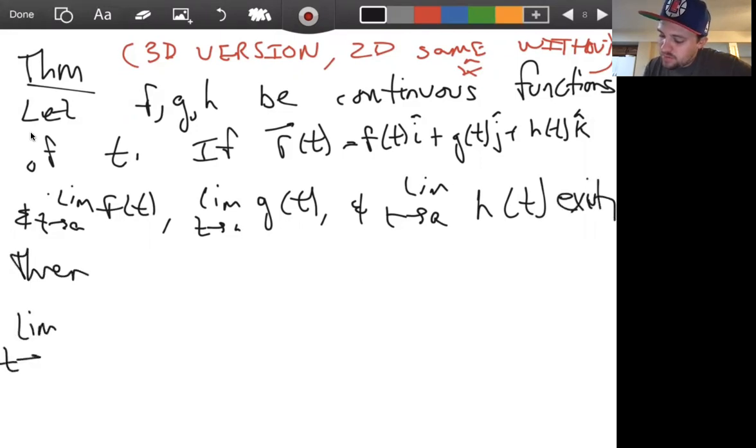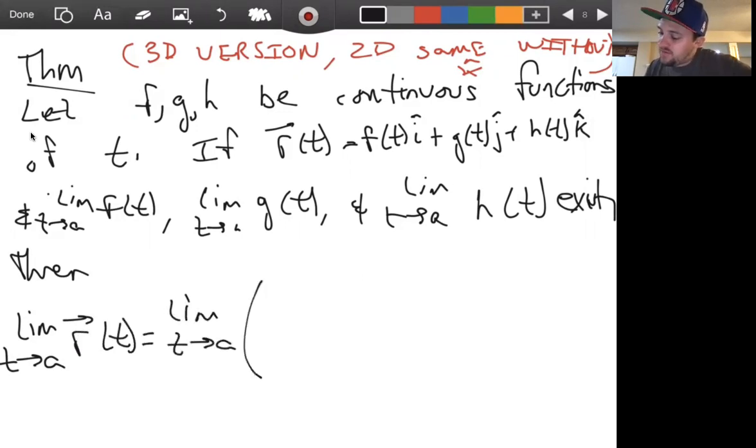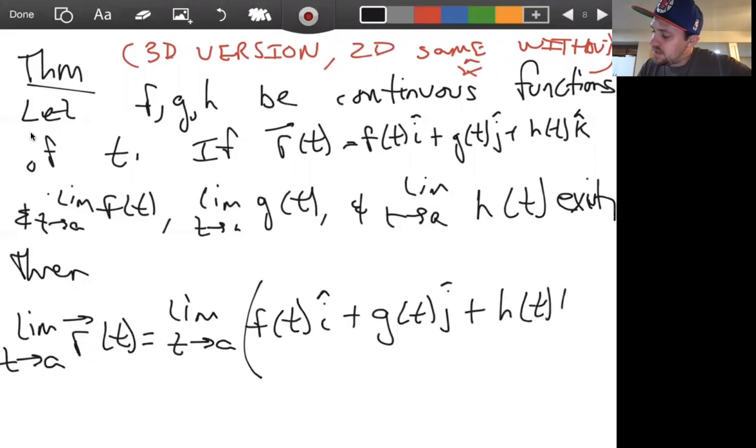The limit as t approaches a of r of t equals the limit as t approaches a of, now what is r of t? It's f of t i hat plus g of t j hat plus h of t k hat. And here's where we'll use the theorem to our advantage when doing computations: the theorem states that you can pass the limit from the outside of the vector to each component individually. So this is the same as the vector limit. Let me give myself some more room.